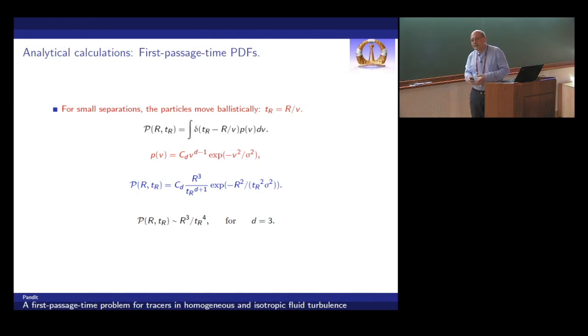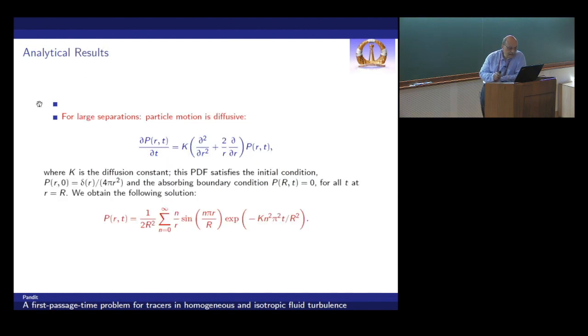All of you who have done turbulence know that the Cartesian components of the velocities are distributed more or less like a Gaussian. Therefore, the modulus goes like a Maxwellian, which is here. You put it in here, do the integrals, and then you look at the dominant term here, and in d equal to 3, lo and behold, R cubed over t_R to the power of 4. That's the power 4 that we saw earlier.